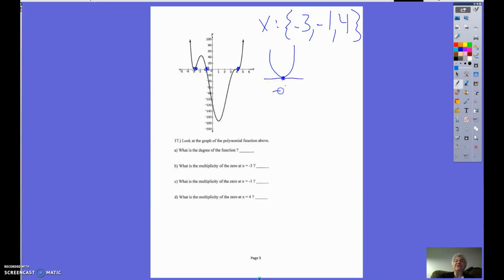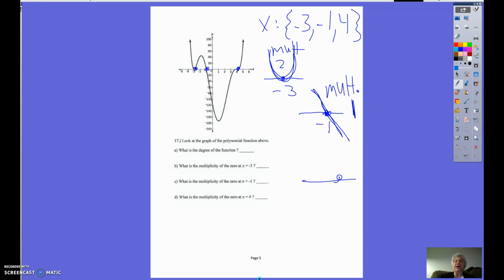That happens at -3. So the multiplicity here is going to be 2. That's what it looks like when the multiplicity is 2. For the next one, where the graph hits -1, you can see that the curve goes straight through it. When the curve or polynomial goes straight through the x-intercept, the multiplicity is 1.